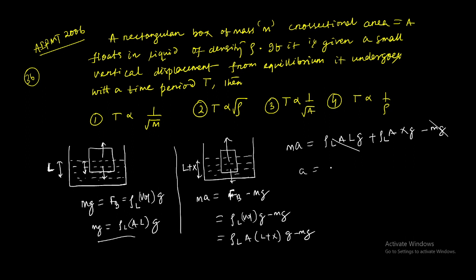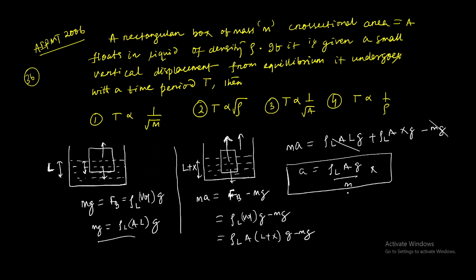So acceleration equals rho L A g divided by m, into x. This is the magnitude of acceleration, and SHM is satisfied here because you are giving a displacement downward and the force is upward, right? Because the buoyancy force is more, the force is upward, but you are giving a displacement x downward. So this will be your acceleration.